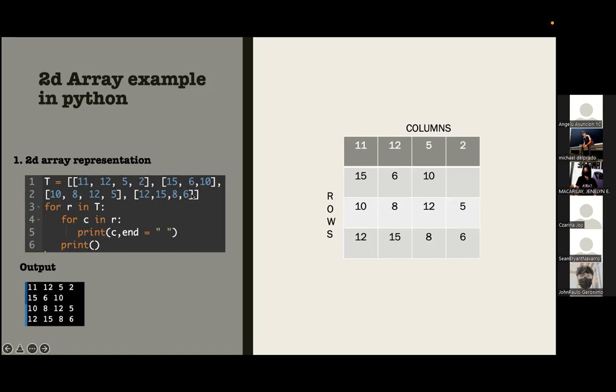What is our goal? We want to show what we should see to say it is a 2D array. If it is a 2D array, it should be two-dimensional, so it has rows and columns, as we see here. When we execute all of this, this will be the output. Notice that the output is in a grid, the same as what we should see when talking about a 2D array.